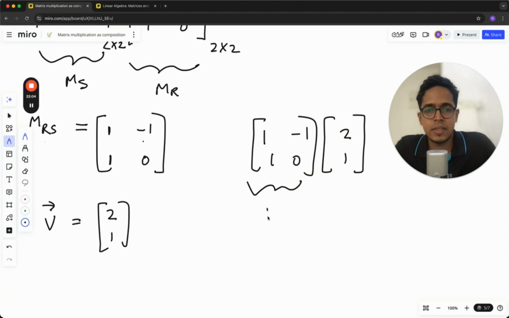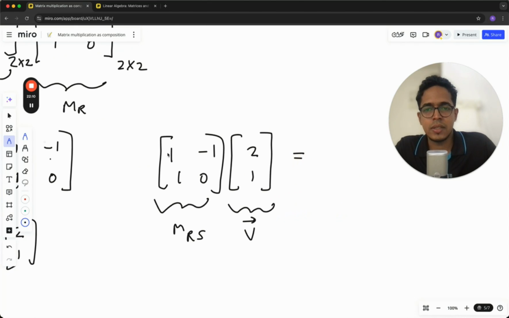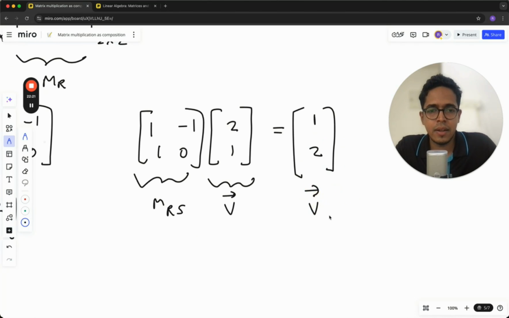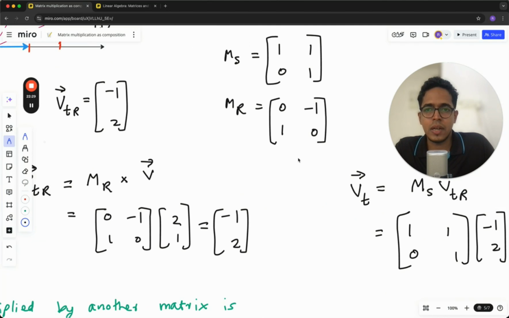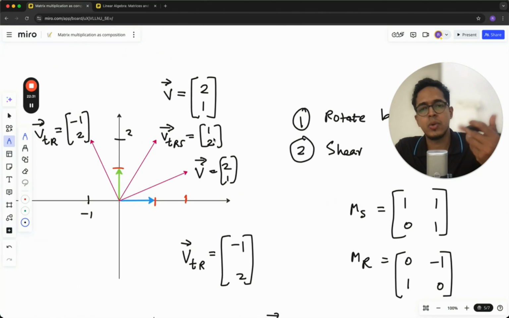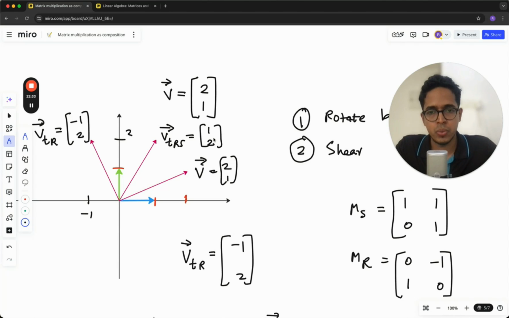This is the composite matrix that shows rotation plus shear, and this is the original vector v. What is this? 1 times 2 plus -1 times 1, that is 1. And 1 times 2 plus 0 times 1, that is 2. So this is the transformed vector after rotation and shear: 1, 2. Is this the one that we got before? It was 1 and 2. The x component was 1, y was 2.